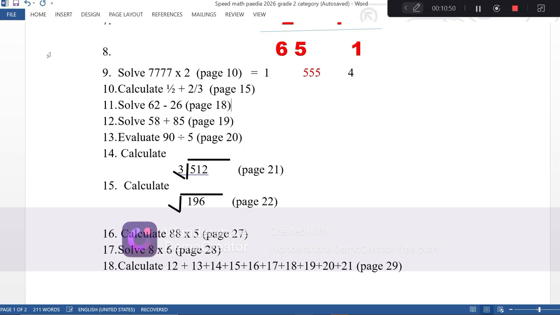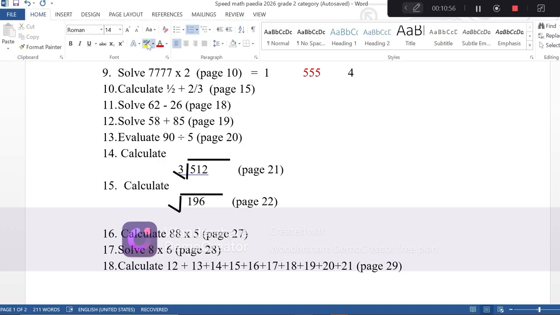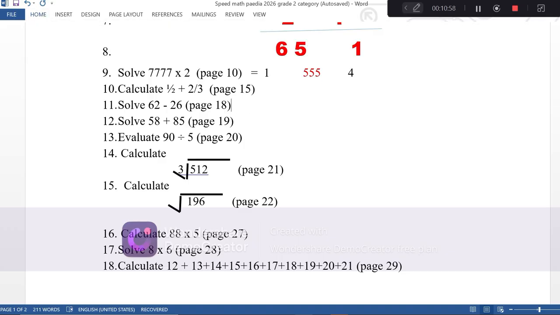Now, see the numerator. Let's look at our numerator here. Our numerator here is 1, right?